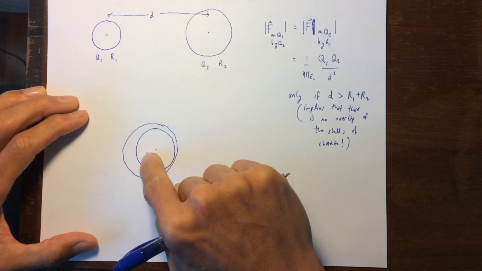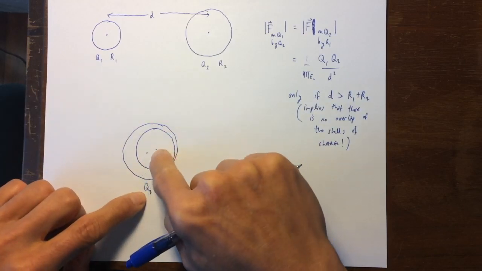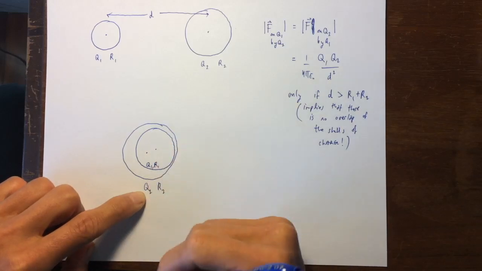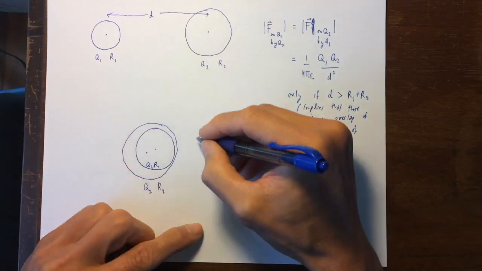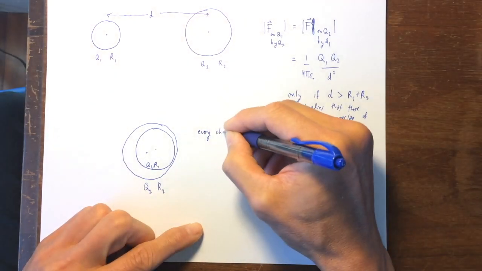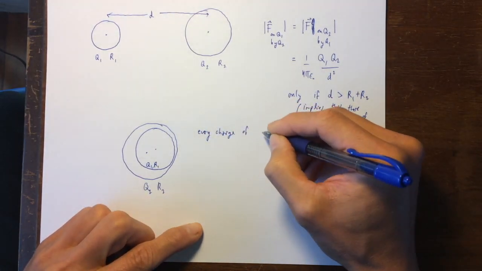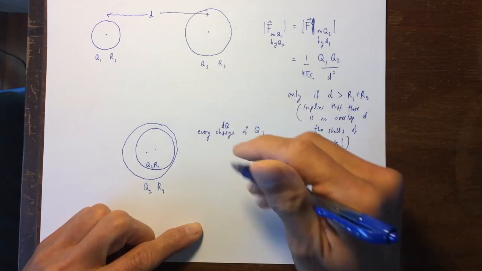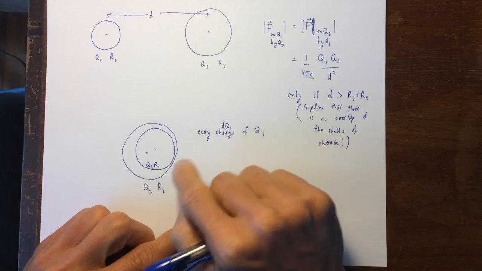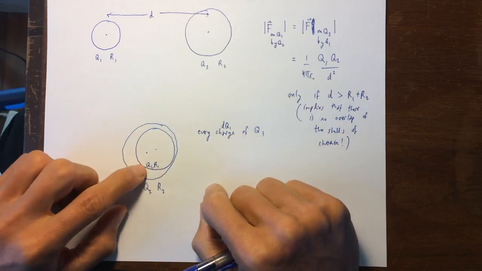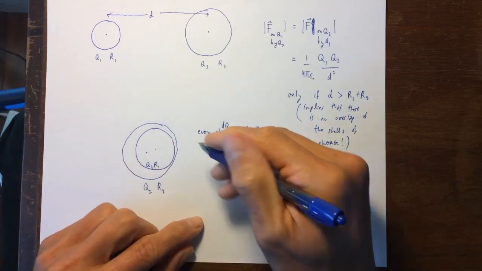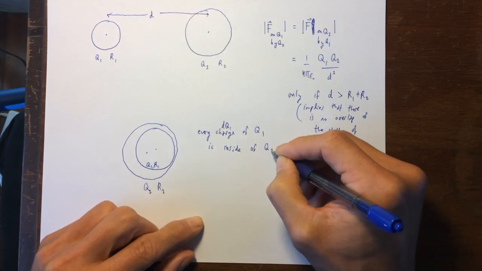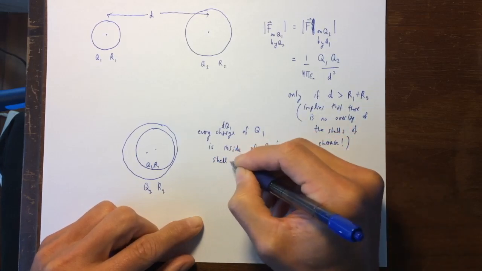So this is the center of Q2, and this is the center of Q1, right? So in this case, every charge of Q1, that is every charge dQ, every small piece of charge associated with the Q1 sphere, is inside of Q2's shell.